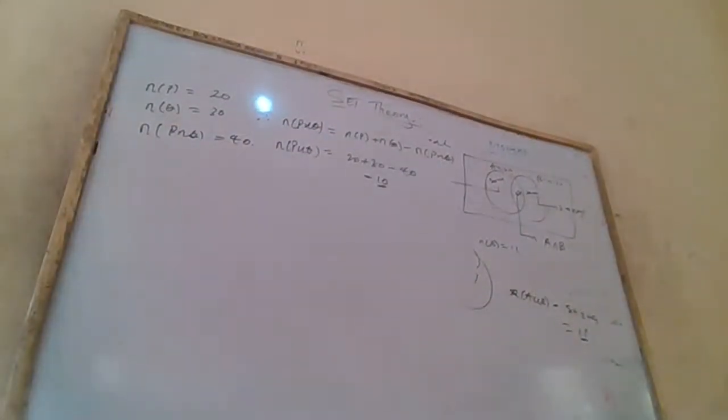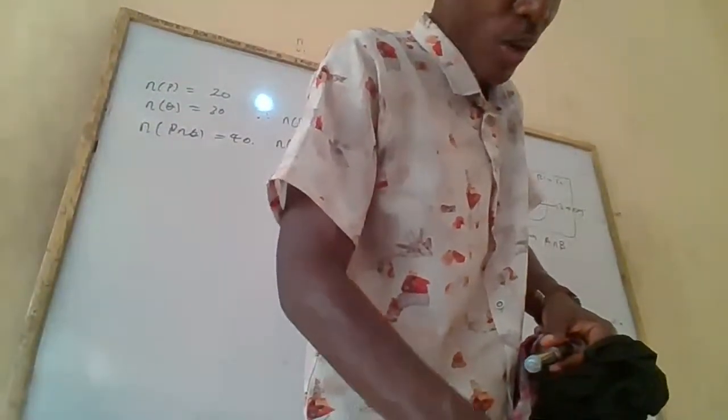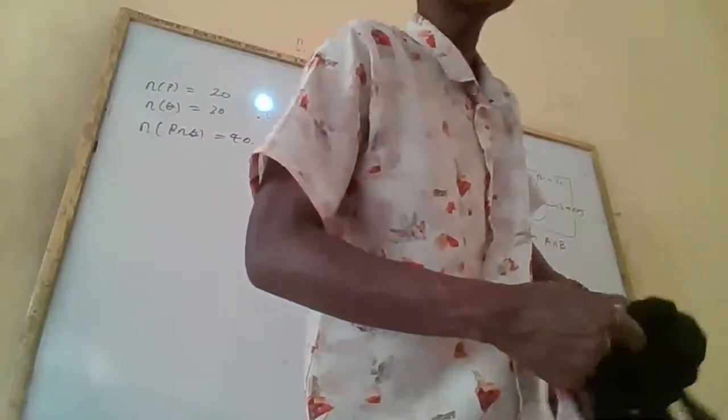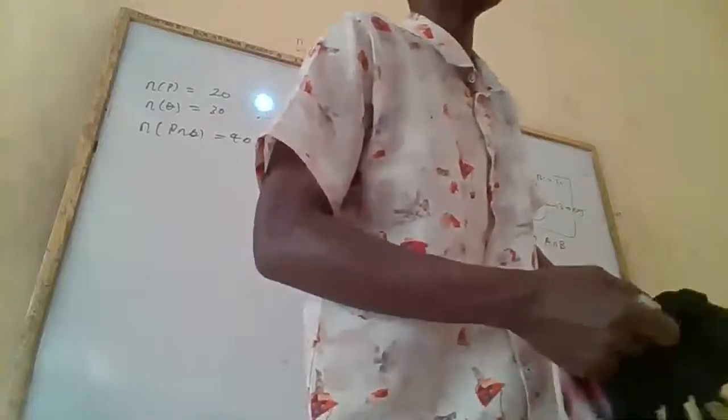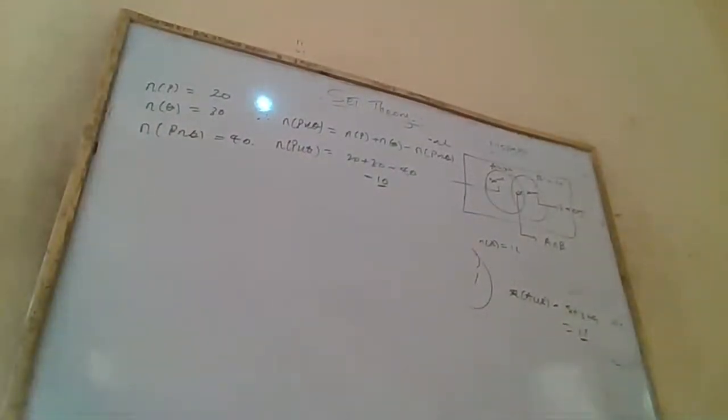Find the value of n of p union q, not intersection. You said intersection. Did I say intersection? Union will help you. They are looking for union.